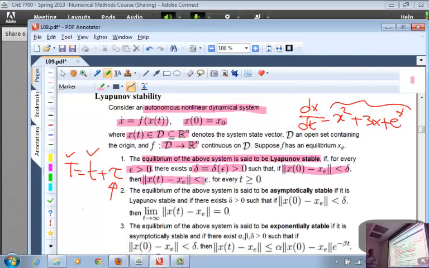So it's giving you a parameter by which you can judge the stability based on the initial condition. Not necessarily.